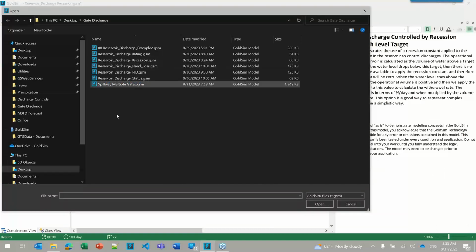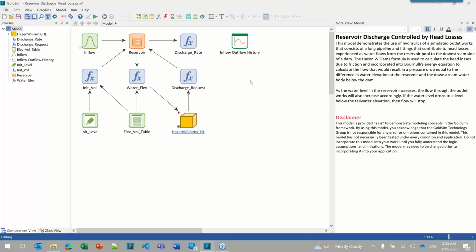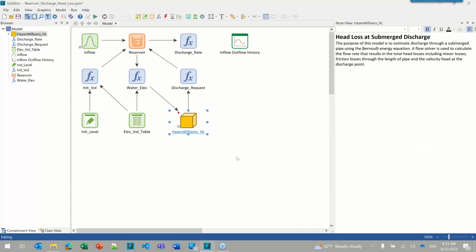Okay, another one is, and these are getting a little bit more complicated, let's look at a head loss calculation. So now we're looking at hydraulics.